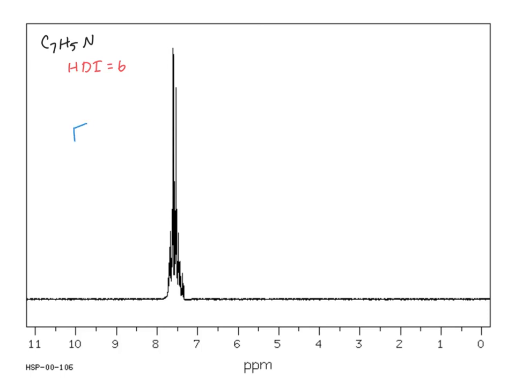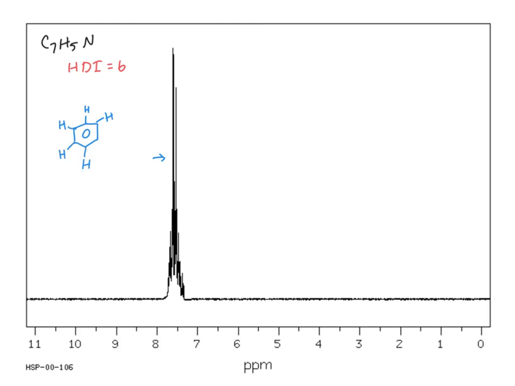So we know that we're going to have protons in an aromatic ring because we can see aromatic protons here. And what should also stand out to you is that all we have are aromatic protons. And because we have aromatic protons only, that means we can't have a proton anywhere else except for on the aromatic ring. So that means all 5 of these protons need to go on the aromatic ring.